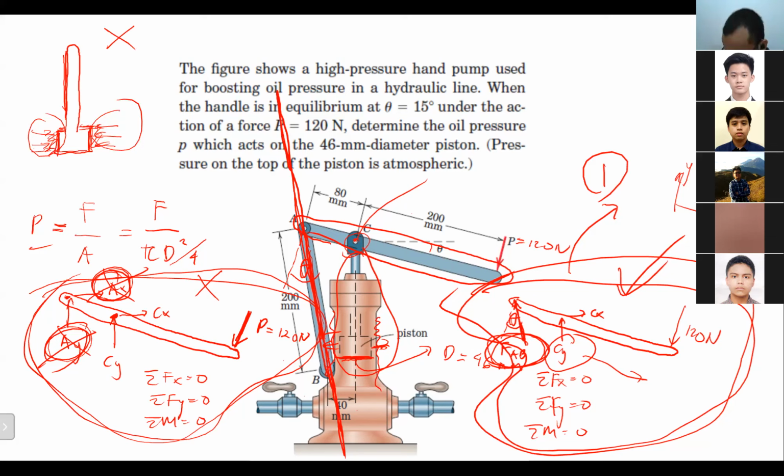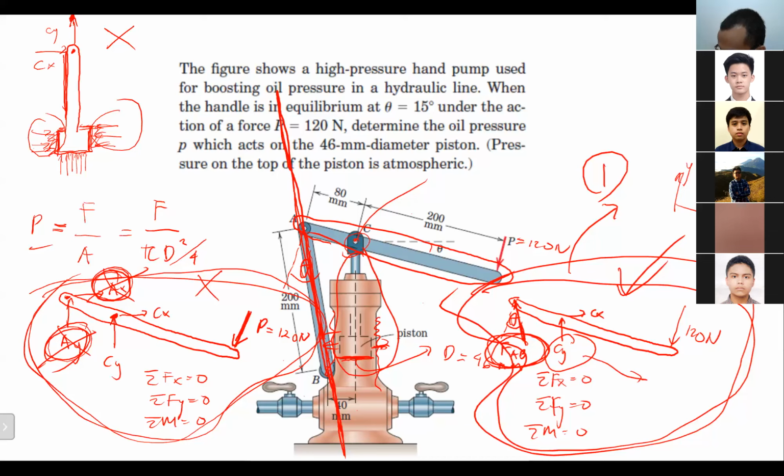So later, there will be a pressure in here, and there will be a pressure here as well. Later here, it can be like this: CX, CY, CX.